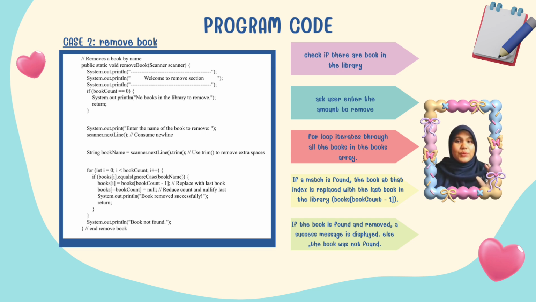If the book matches what the user typed, it will automatically remove one book. And then if the book is found and removed successfully, a success message will display, like what we wrote, book removed successfully.